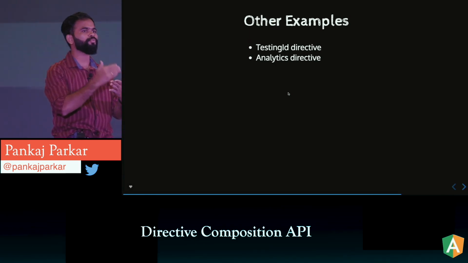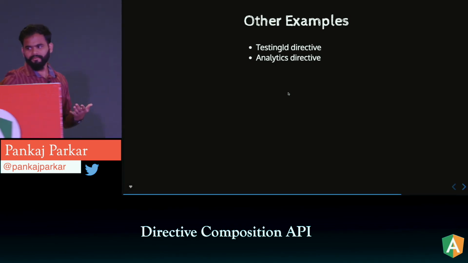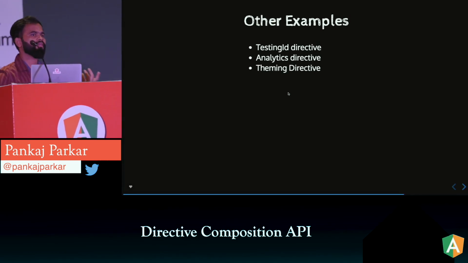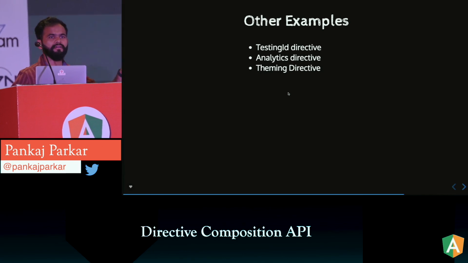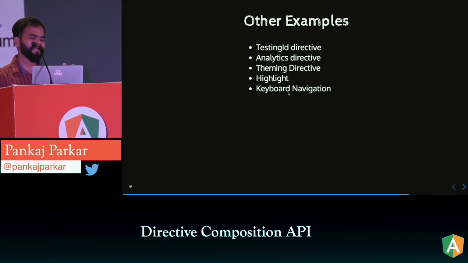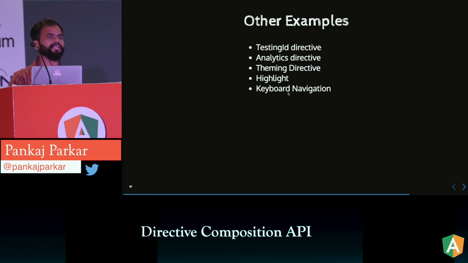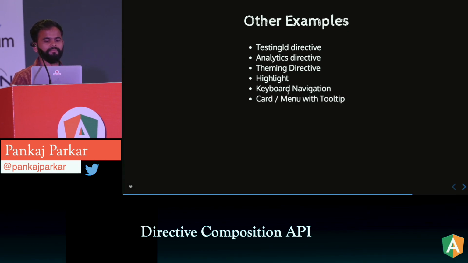And from that directive you make a call to analytics, send events, right? Then what else? Theming can be put directly inside your host directives. Maybe highlight logic, and keyboard navigation: as I said, if there are elements to navigate, you can create a keyboard navigation directive and put it as a host directive.